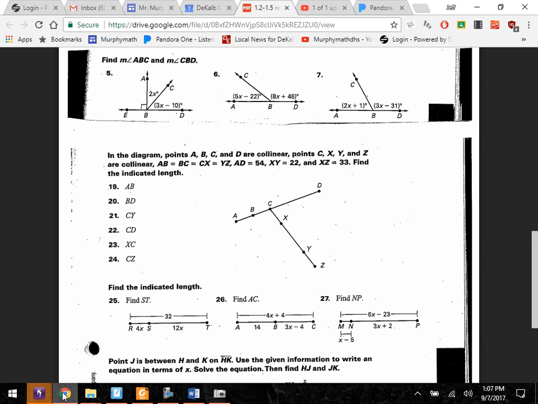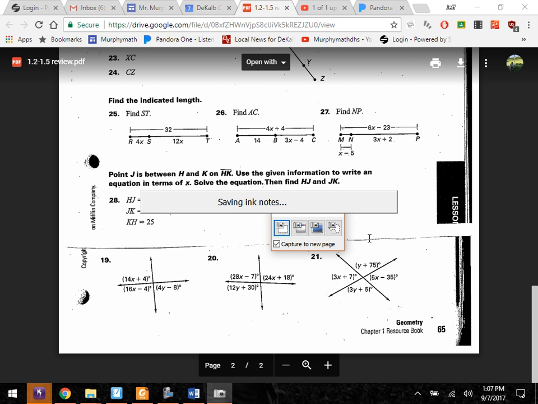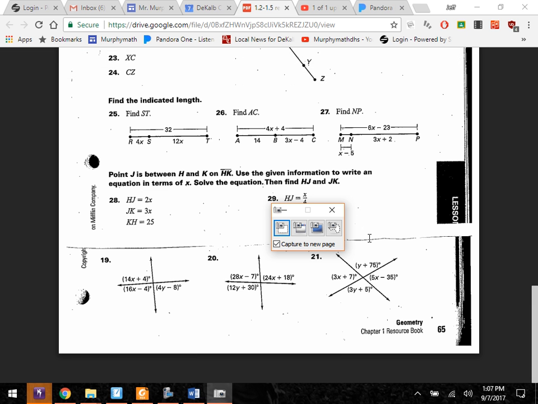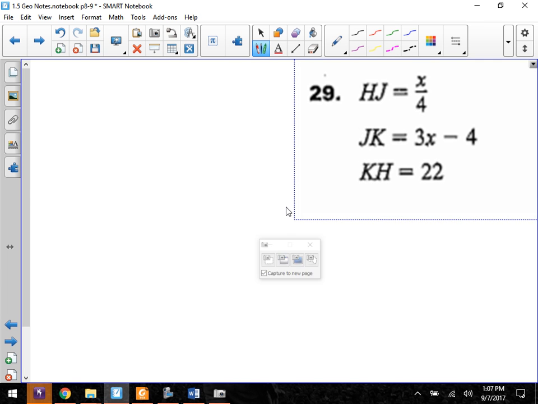Segments. Go to 29 real quick. Right below it. What is that problem missing? A diagram. Okay? Missing a diagram, which means what should you do? I believe it said that J is between H and K on segment HK, correct?